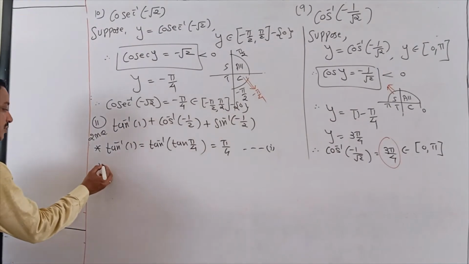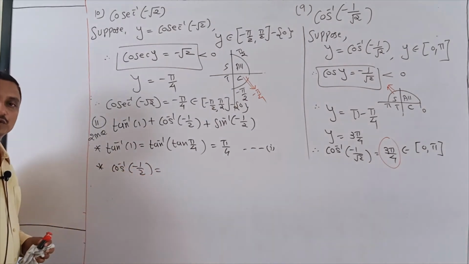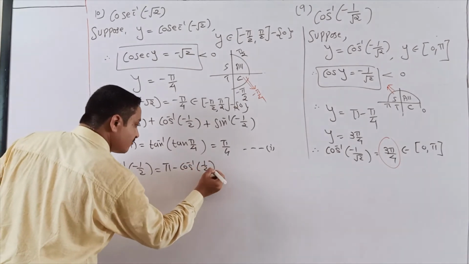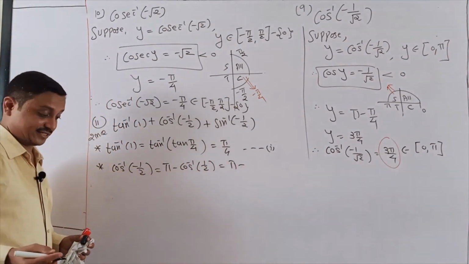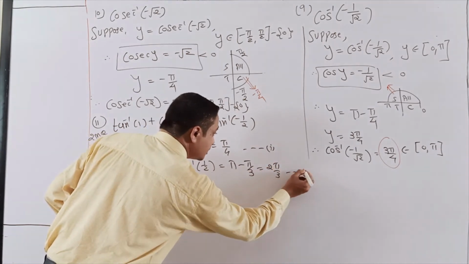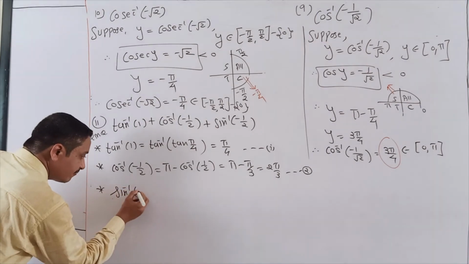Second one similarly, students, cos inverse minus half. I already explained it to you. Second quadrant, cos is negative, cos inverse half, and when is it half? 60 degree, pi by 3. My answer is 2 pi by 3, statement 2. And the third one, sin inverse minus half.